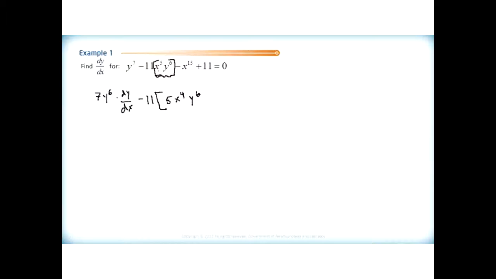So the derivative of the first times the second by product rule, plus the derivative of the second, which will be 6y to the power of 5. But y is a function of x, so I need to tack on my dy by dx in there. And then multiply that by the first term, which was x to the power of 5. Okay. Then I subtract.